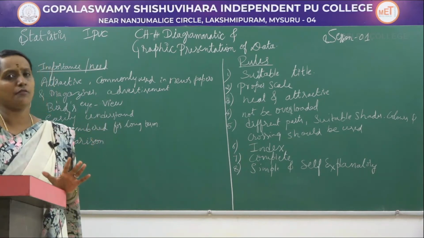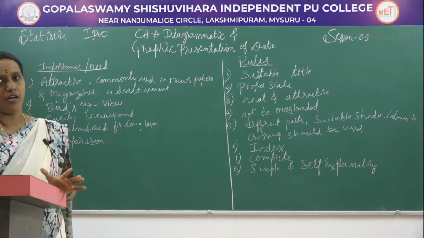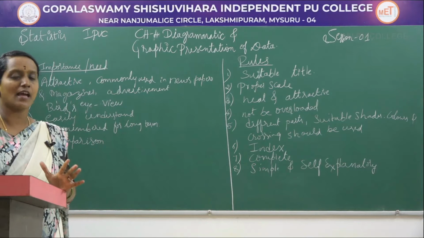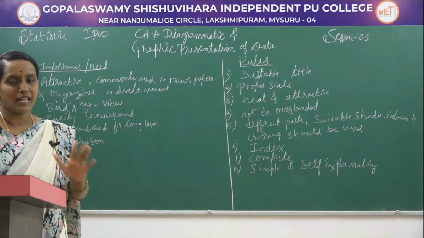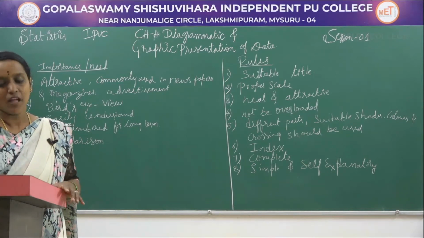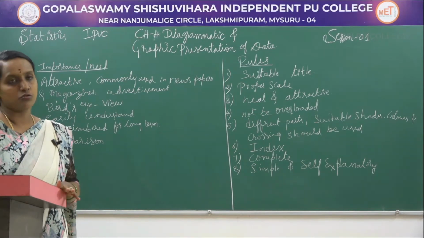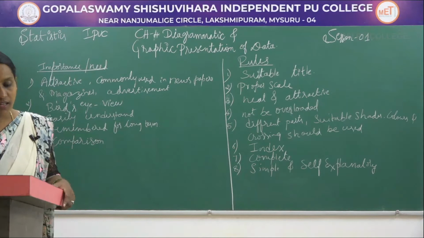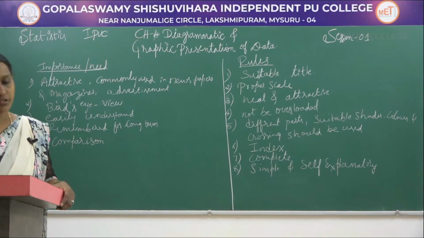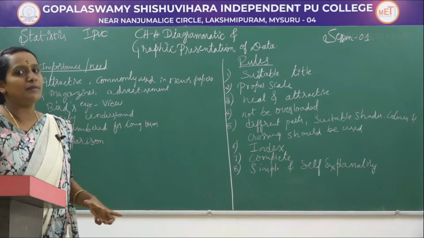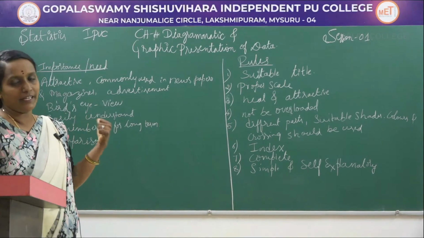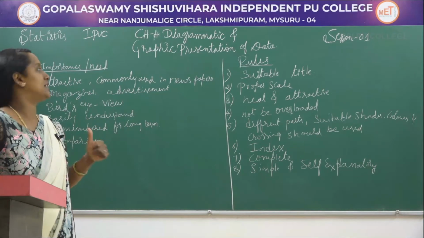Only one picture, graph, diagram or figure can say anything about the data we are choosing. To illustrate different ways of presenting data through diagrams and graphs, first we will see the need and importance of diagrams and graphs.